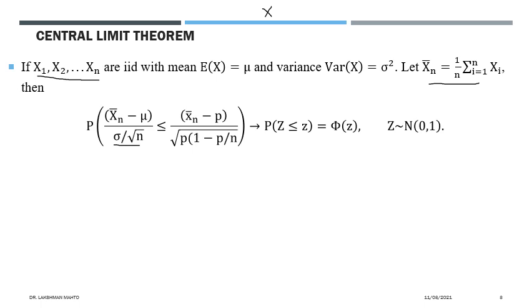This is the distribution function of the standardized mean. When n approaches infinity, this distribution approaches the distribution of a standard normal random variable, which we denote by phi of z.